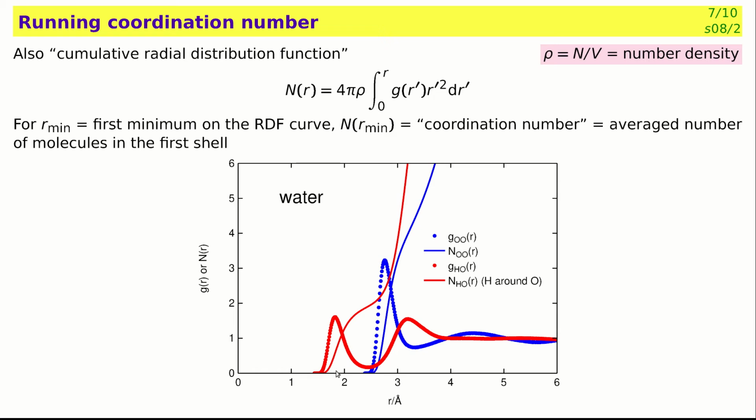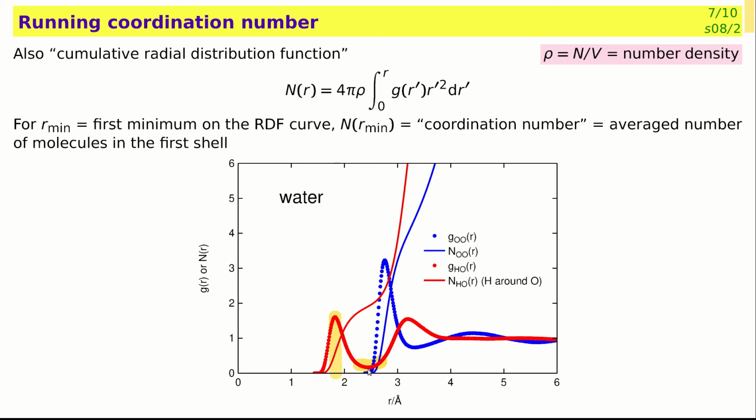Okay, so I have this peak, which corresponds to the hydrogen bond. Then there is a very deep minimum, meaning that it's very improbable that I will have a hydrogen and oxygen about 2.4 angstrom apart.